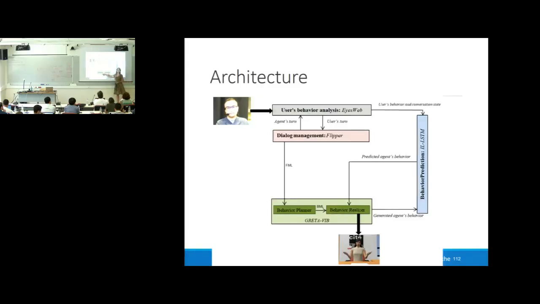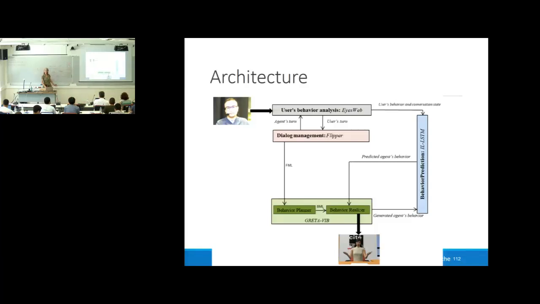We use the platform that I introduced before to compute its behaviors, and we merge both signals: the signals coming from the behaviors of the agent and the predictive signals. I forgot to mention that these models take as input the user's behaviors and the agent behaviors, so it's the same as in human-human interaction. Like that, we have the predicted agent model, the adapted model.